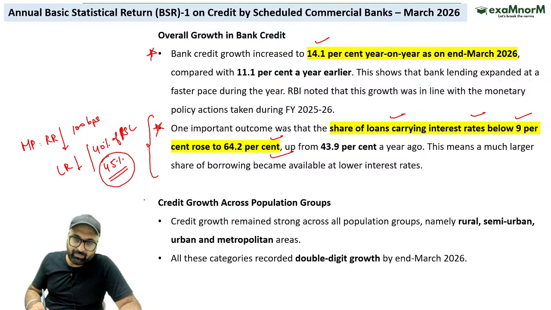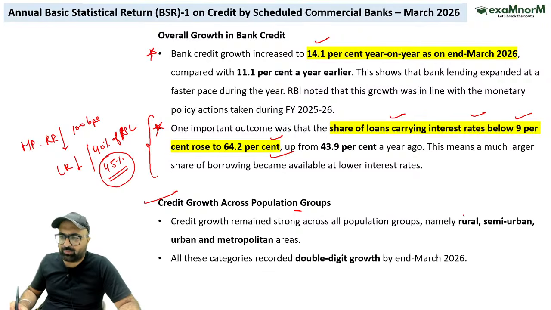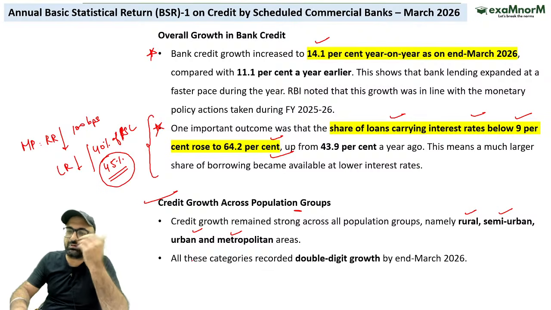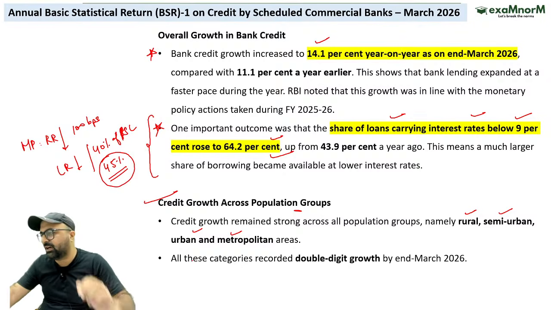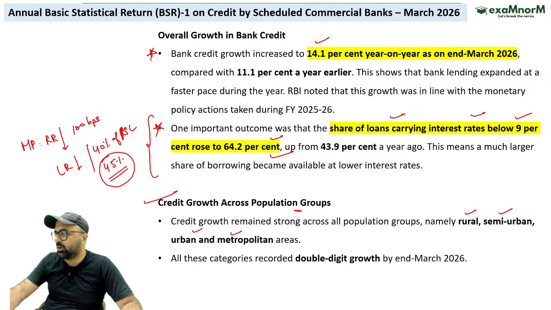ठीक, अब अगर मैं बात करूं across the population group, so credit growth remained strong across all the population, namely rural, semi-urban, urban, as well as metropolitan. If you ask me that this categorization of urban, semi-urban is done on what basis?